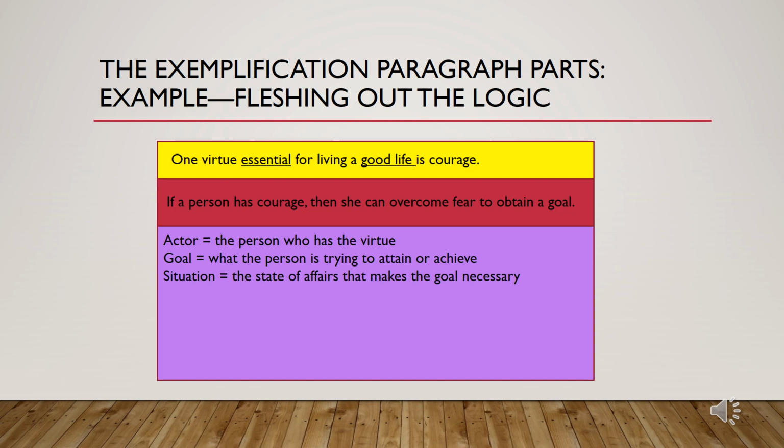So I've used the term state of affairs, just means a situation in which the person finds himself or herself and in which the person is going to need to use the virtue in order to achieve the goal.